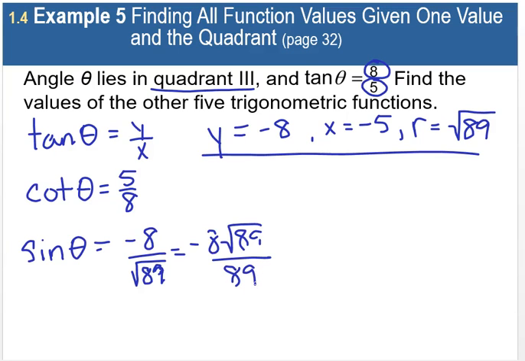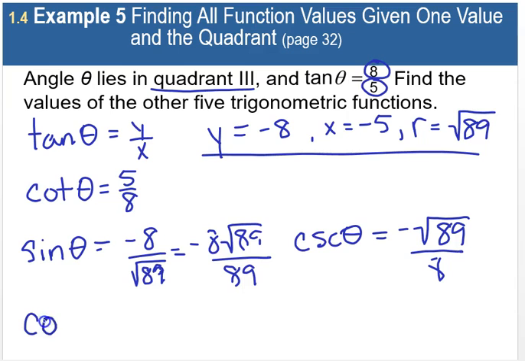And then the cosecant, let's go ahead and do cosecant since we figured out sine. Cosecant is the reciprocal of sine. So negative square root of 89 over 8. And now let's do cosine. Cosine is your, let's see, x over r.